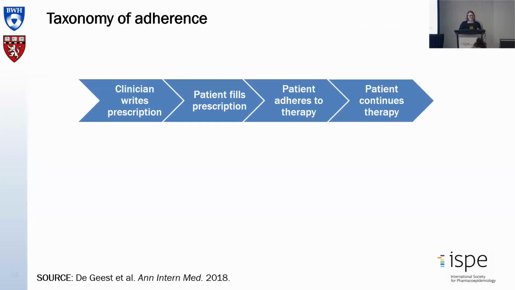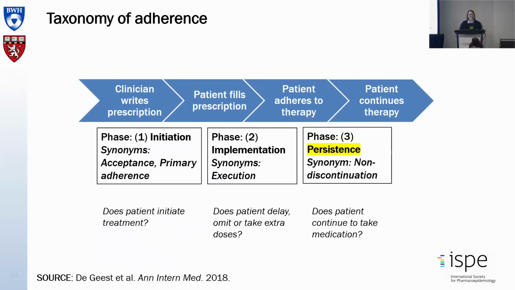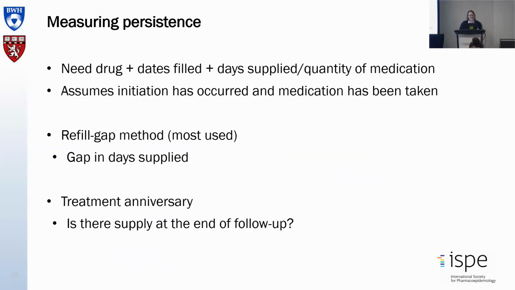Okay, so now since I introduced persistence and haven't really talked about how you measure it, the last thing is persistence. Persistence is this: do patients continue to take the drug or not? We set it up almost the exact same way as implementation. You're setting up your supply diary in the same way that you did for implementation, but now you're measuring something else about it.